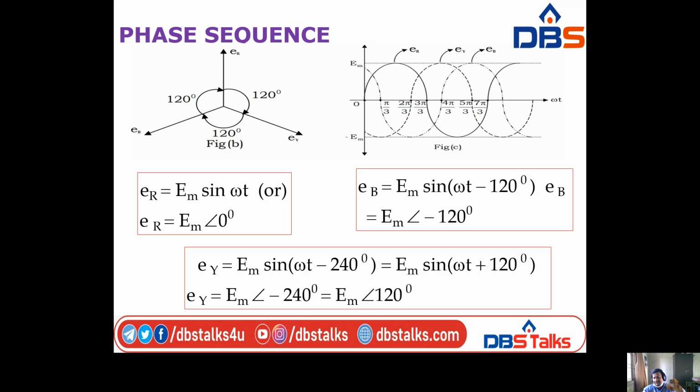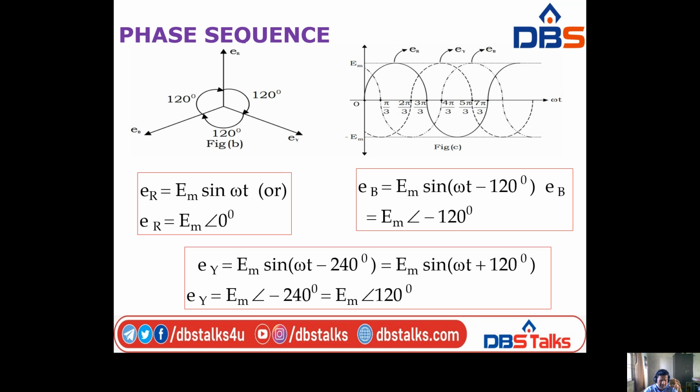What is the phase voltage equation? Suppose normal direction, already studied in the former slide, right? So now, the phase sequence voltages may be expressed in RMS values.